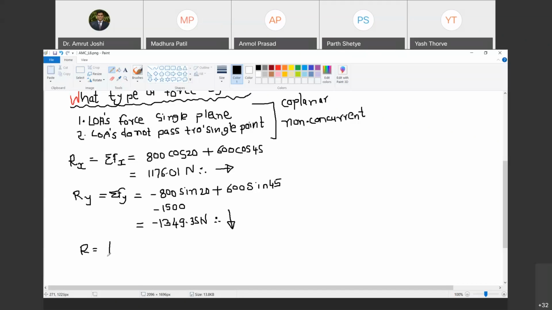R is equal to the square root of Rx square plus Ry square. Tell me how much is this. 1176.01 square plus 1349.35 square, and take the square root.